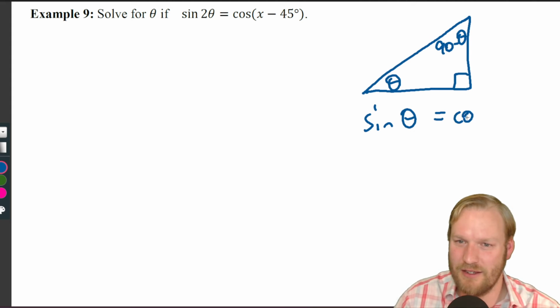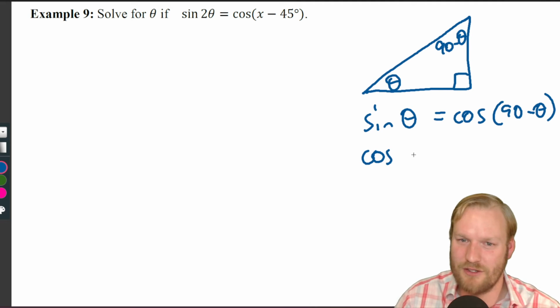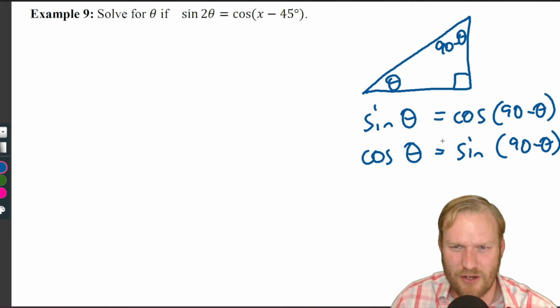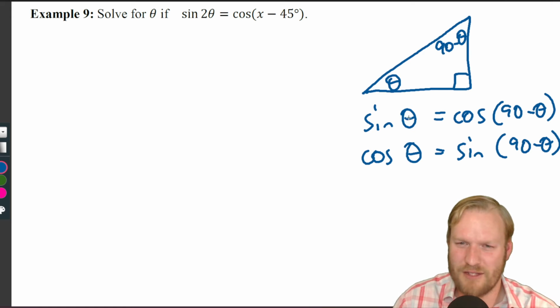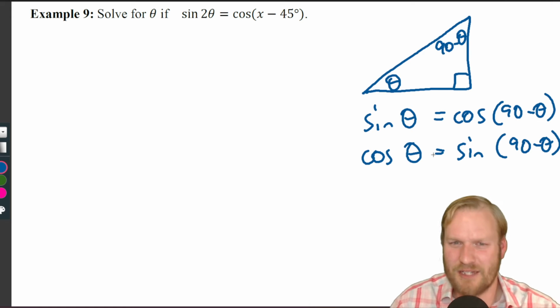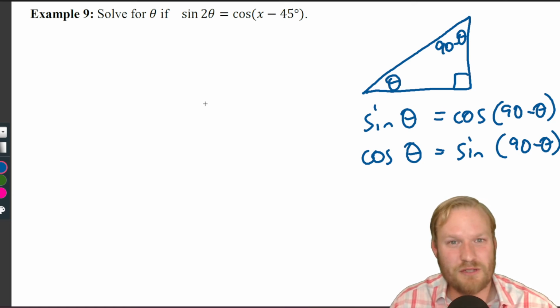Sine theta is the same as cos of 90 minus theta, and conversely, cos theta is sine of 90 minus theta. That idea should hopefully be sticking in. It's one of our co-ratios that we just use offhand. So if sine 10 is cos 80, cos 20 is sine 70, you can do this either way.